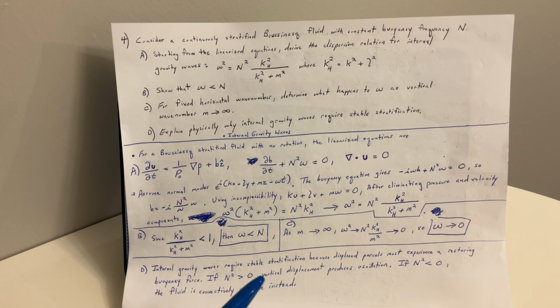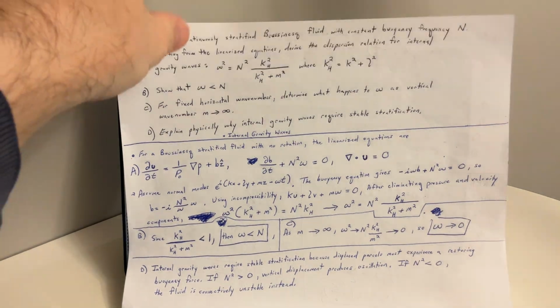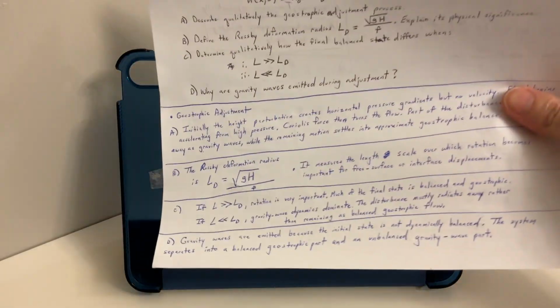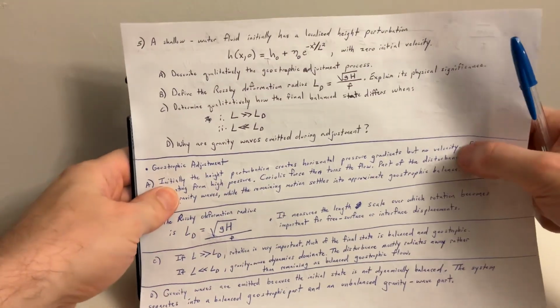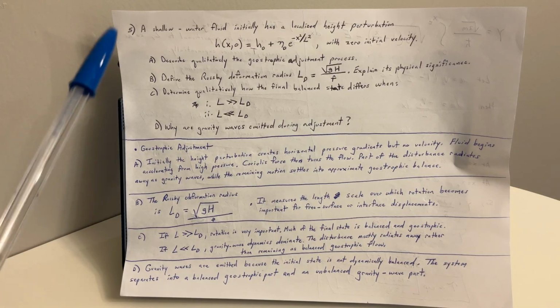If n squared is greater than 0, vertical displacement produces oscillation. If n squared is less than 0, the fluid is convectively unstable instead. Hopefully I didn't misread anything, but the math and statements are correct, though I'm going fast trying to get through this.